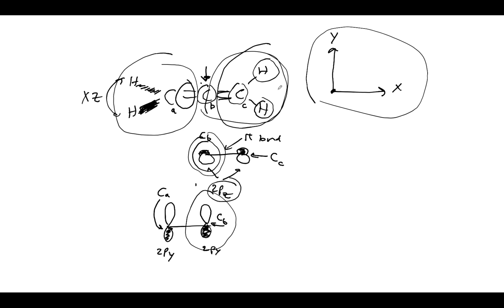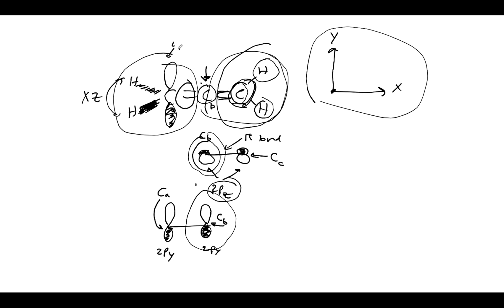So that's something to keep in mind. So this carbon C, its unhybridized orbital is going straight into the plane of the paper or into the plane of the screen, whatever you happen to be looking at, right? Whereas over here, the unhybridized orbital is going up and down like this along the y-axis, right?